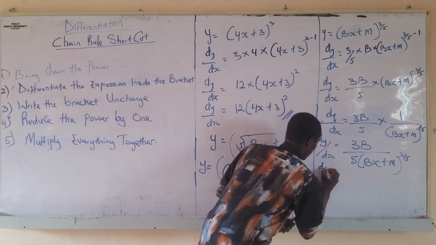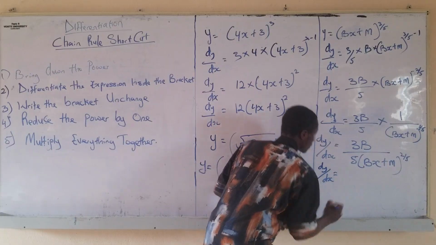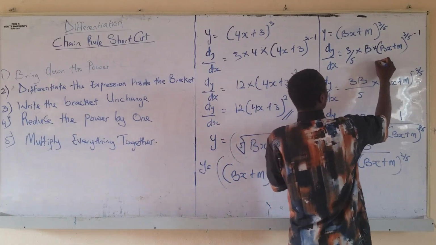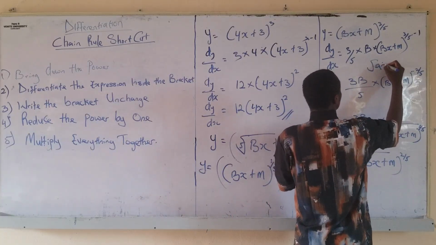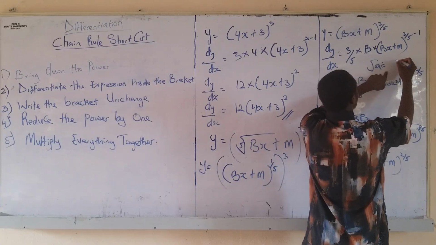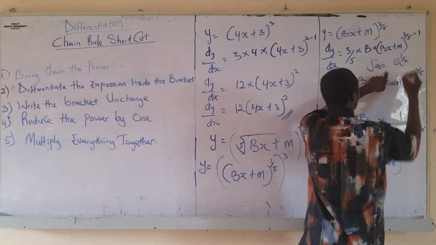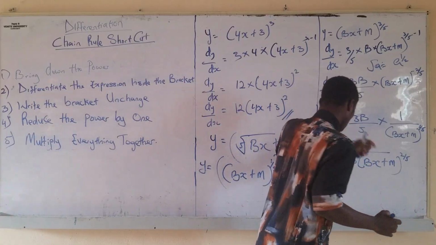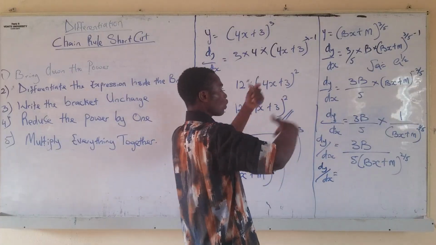Let's say dy over dx is the same as, by the law of indices, root a is still the same as a raised to 1 over 2. Then we apply this law of indices to convert this back to the original root.